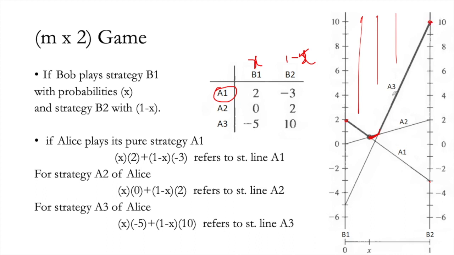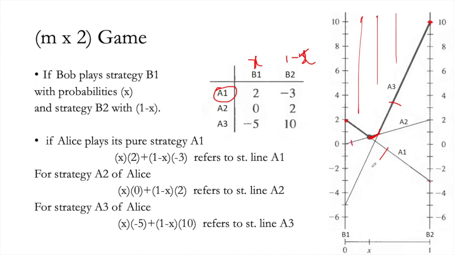In fact, if you look at this, these two intersecting points are the intersection of line A3 and A2. So the lowest line out of all these intersections is between A1 and A2.